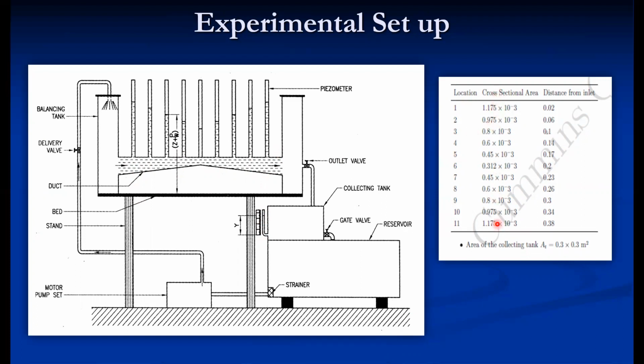That is required because once we get the discharge, we can calculate the velocity at the respective sections: discharge divided by cross-sectional area gives the velocity, and consequently we can calculate the velocity head at the respective section as well.